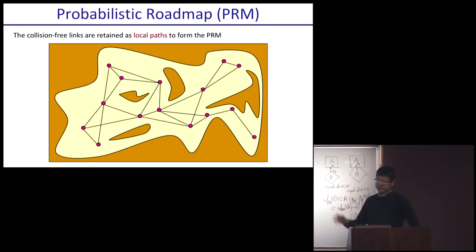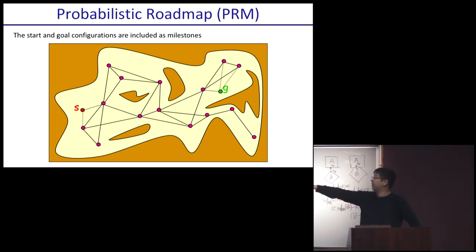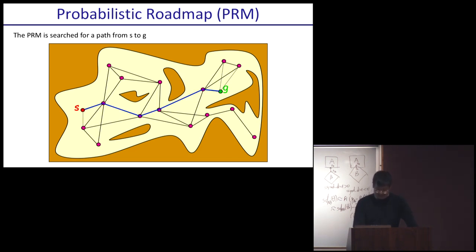We do this for all the points we have, and now we have a graph. If we want to start from the starting state S and reach the goal G, we just do a search with some computer science algorithm. This is a very, very simple algorithm, but very useful.